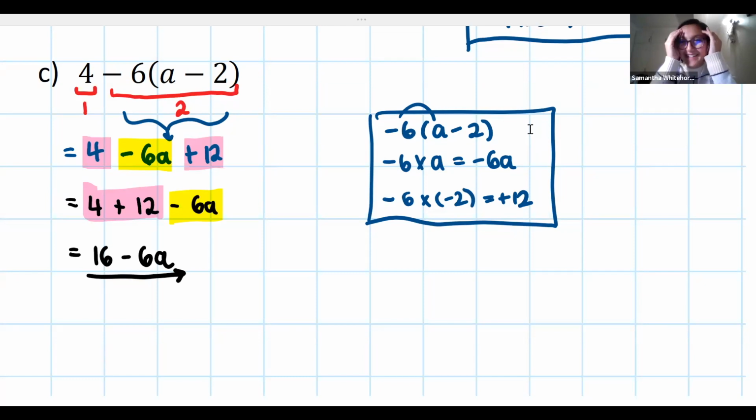Hi, ma'am. Ma'am, why are we adding instead of minusing, the 4 plus 12? Can you say it again for me? So when you say why we're adding, do you mean the addition over here, that 4 plus 12?